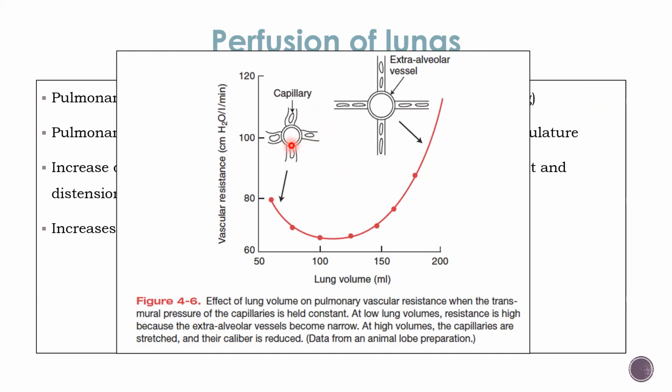If the lung is expanded too much, the intra-alveolar capillaries are overstretched and the extra-alveolar capillaries are also collapsed because of this pressure. So again, the pulmonary vascular resistance will be high. A simple concept to understand: your pulmonary vascular resistance will be high if the lung is collapsed or too much expanded. Simple.